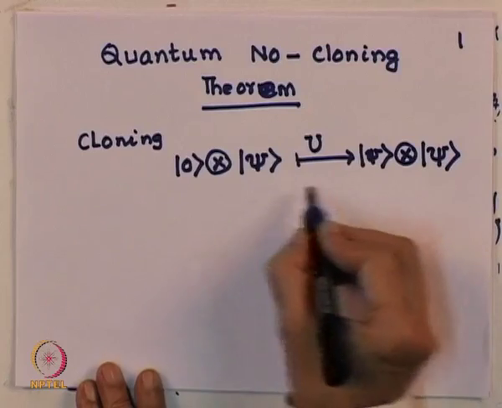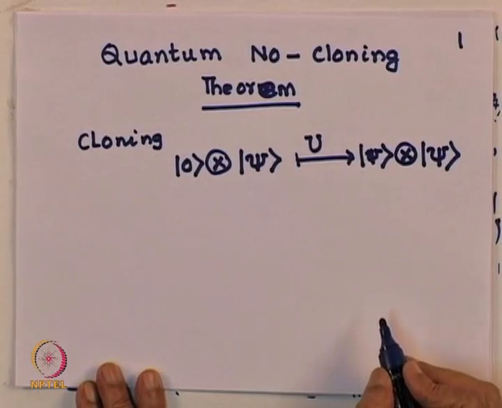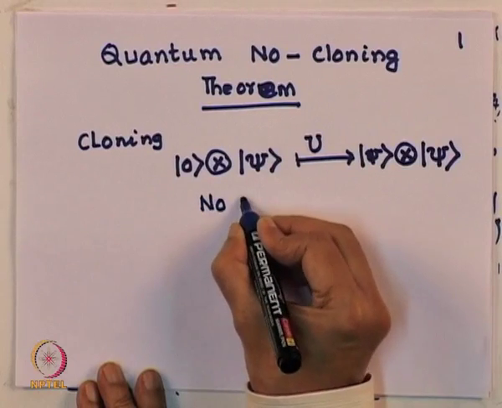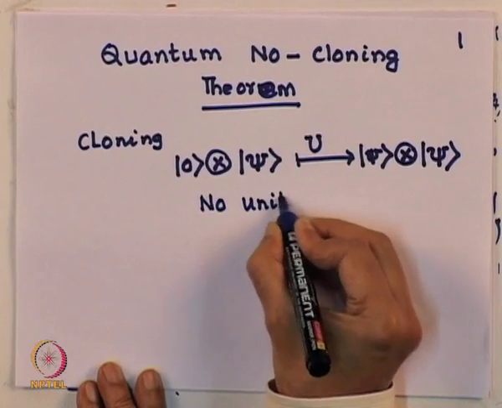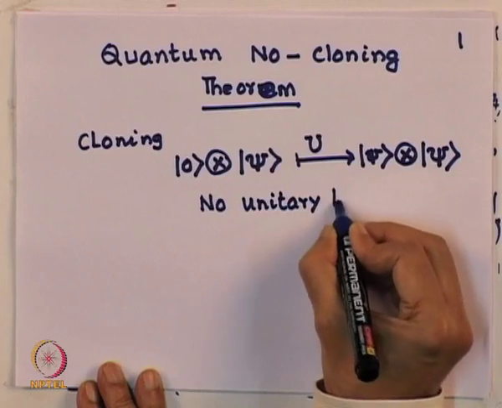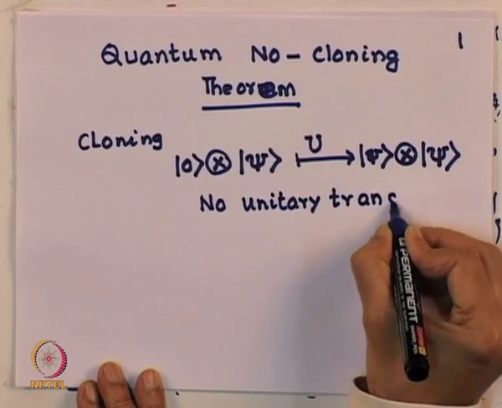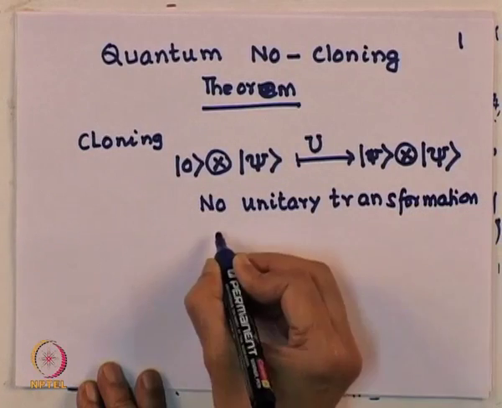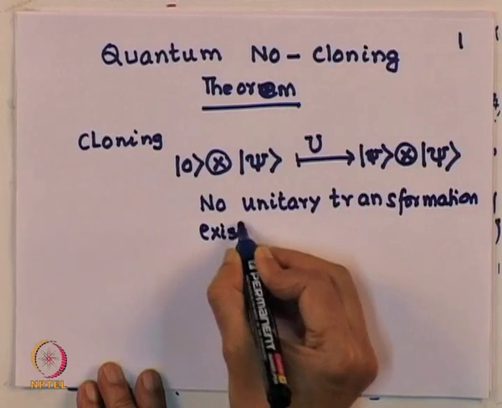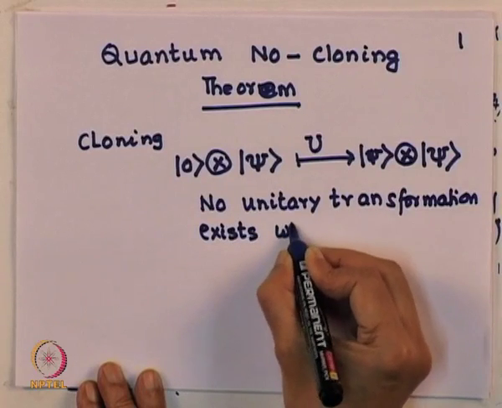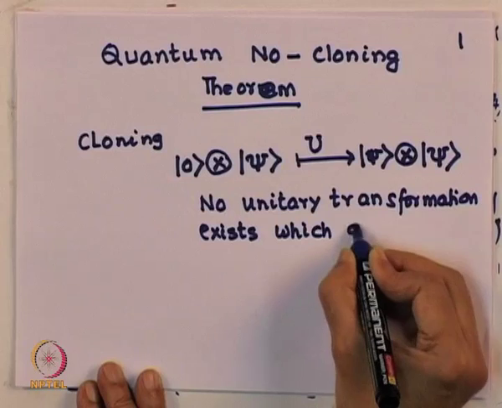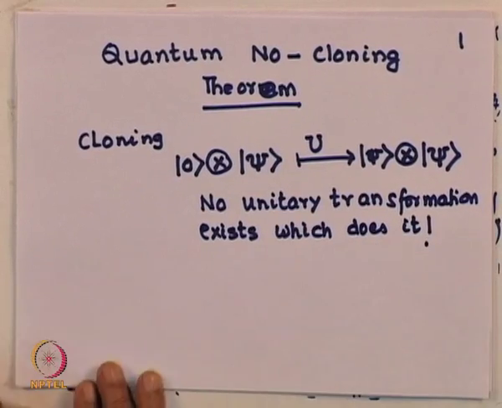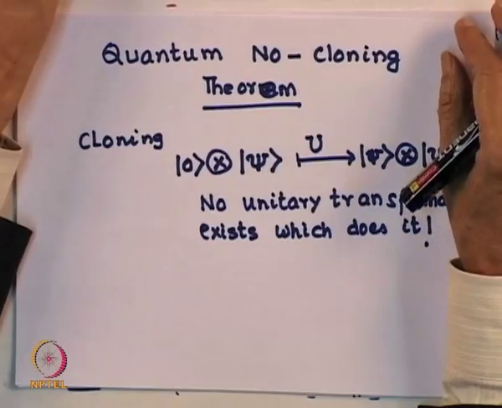This is what cloning would mean. Now, we are claiming no unitary transformation of this type exists.